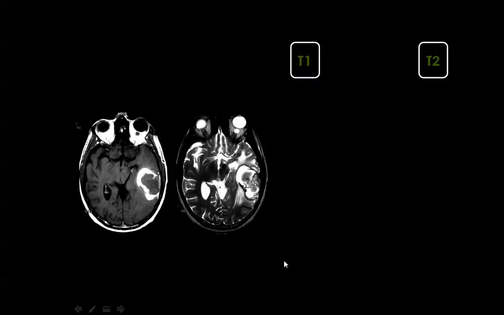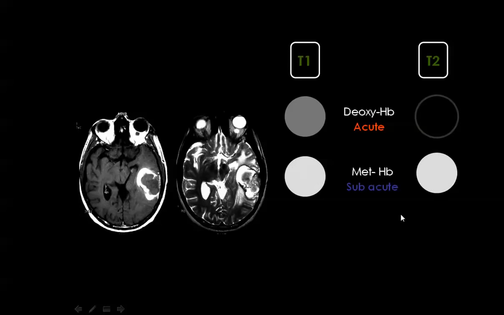Let us look at the MRI appearance of intracerebral hemorrhage. We have the T1 and the T2 weighted images, and the hemorrhage in the acute phase, or what is known as the deoxyhemoglobin, will appear gray in the T1 and black in the T2 weighted images. The subacute blood or the methemoglobin will appear bright in the T1 and bright in the T2.